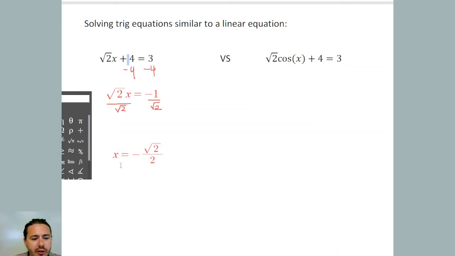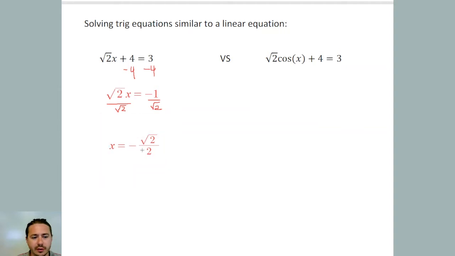So this would be our solution if this was our equation. Just a simple two-step equation. We would subtract 4 from both sides and then divide both sides by root 2, just like that. So if I'm going to solve a similar equation, but instead of having x I have cosine x, I'm going to essentially take the same steps.